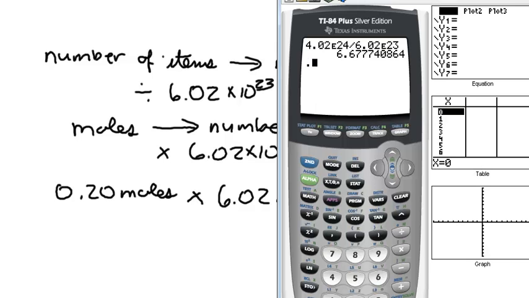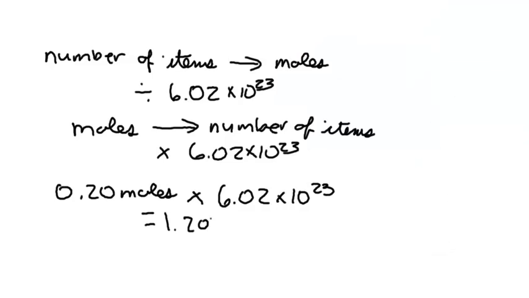So 0.2 times 6.02 times 10 to the 23rd, and I get 1.204 times 10 to the 23rd ions.